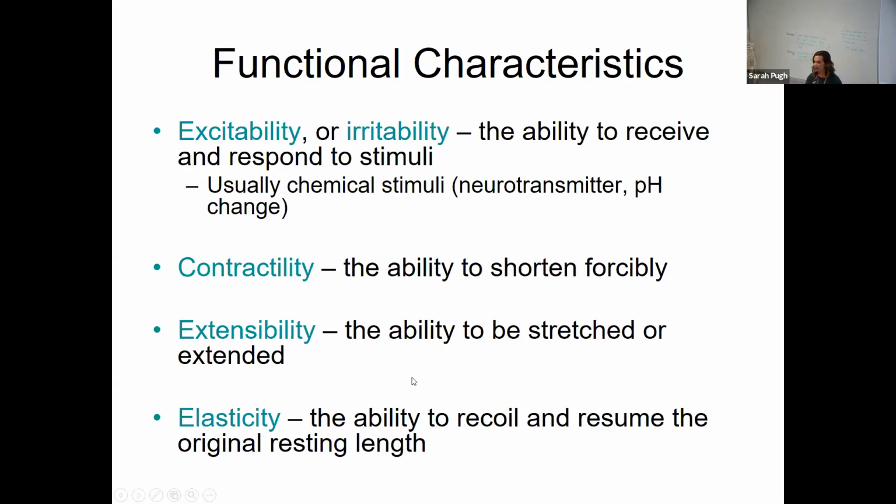So when we're talking about our skeletal muscles, right, they have to have the ability to receive and respond to a stimulus. Now, we've just talked about skeletal muscle, and I told you that skeletal muscle is under voluntary control, meaning your brain tells the muscle when to contract, right?